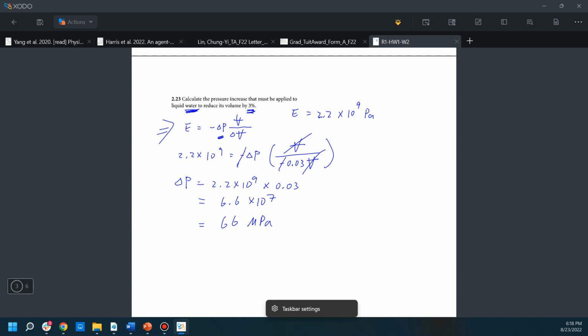So just keep in mind that you have to remember all those basic equations in order to solve the problem on the quiz, I mean. So see you in the in-person recitation next week.